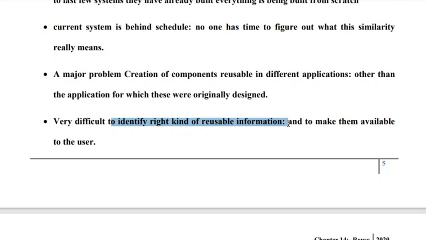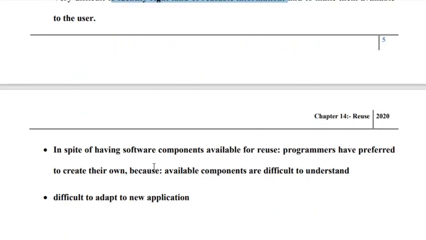If you do not have the capability of identifying the right kind of reusable information, then you cannot enforce reuse. The next important aspect is that programmers may not be willing to accept modules developed by someone else because they are difficult to understand. So the unwillingness of the programmer to accept reusable modules developed by someone else may be a reason for no reuse so far.